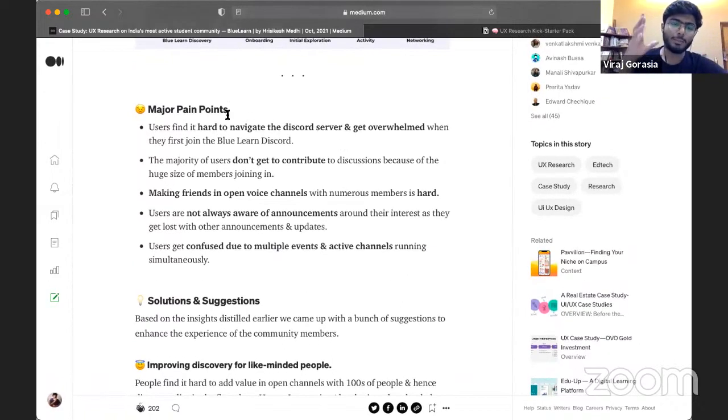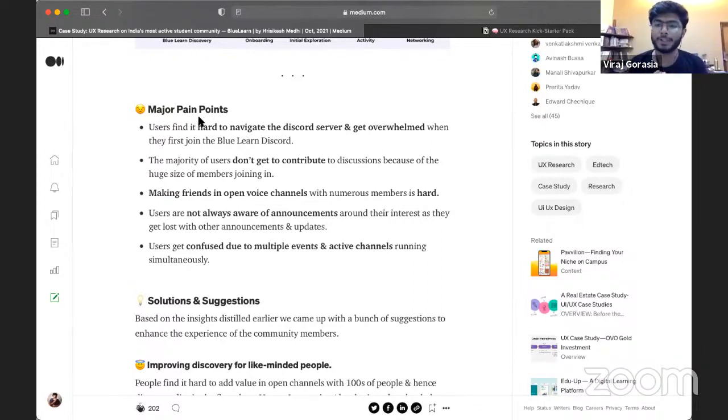So yeah, major pain points. We have done the secondary research, we have done the primary research, we have done user personas, we have done journey mapping, etc. Now we have done a lot of research. We have used a lot of types and a lot of methods, and we have a lot of insights and patterns as well. But to jot down everything to a single point where it can be understandable, you need to boil it down.